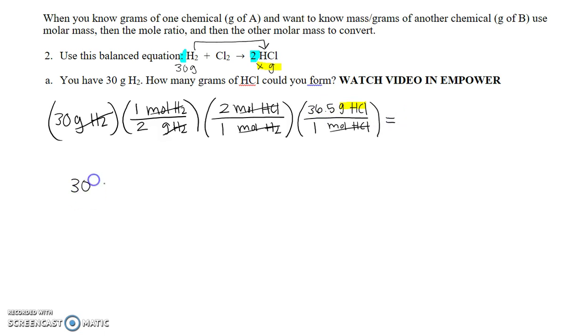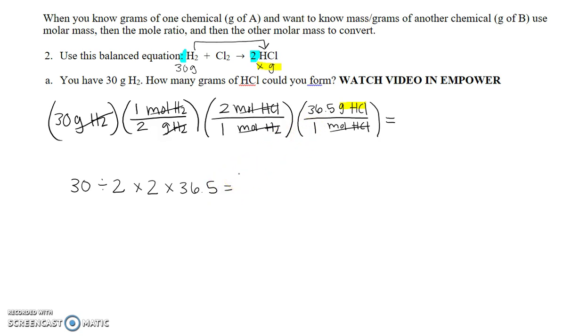I would take 30, multiply by what's on top, and divide by what's on the bottom. Multiplying and dividing by 1 doesn't change my answer, so anytime I see a number 1, I'm going to skip that. So 30 times 1, divided by 2, times 2 divided by 1, times 36.5, divided by 1.